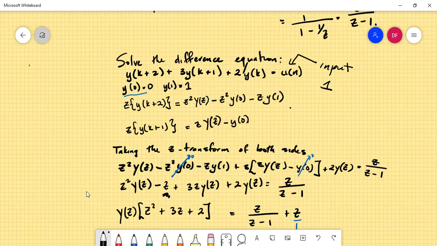Like I say, a step input is 1 volt or 1 amp, or, well, it wouldn't be 1 farad, that would describe a component of the system. 1 amp, 1 volt, 1 Newton, whatever, this would be the input.